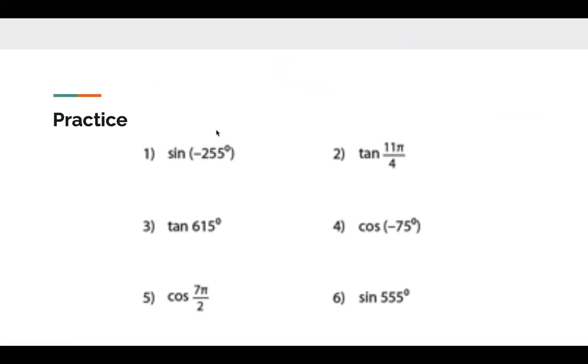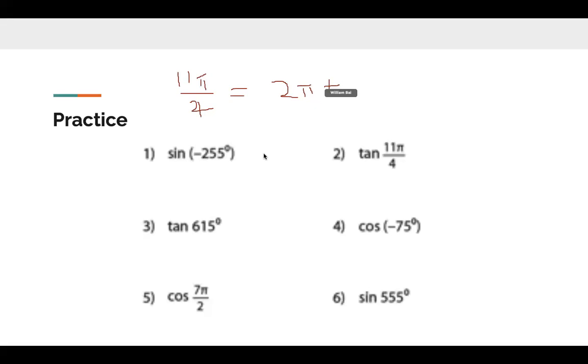Yes, that makes sense. 11 pi over 4 is just equal to 2 pi plus 3 pi over 4. There we go. That makes more sense. My brain doesn't work today.